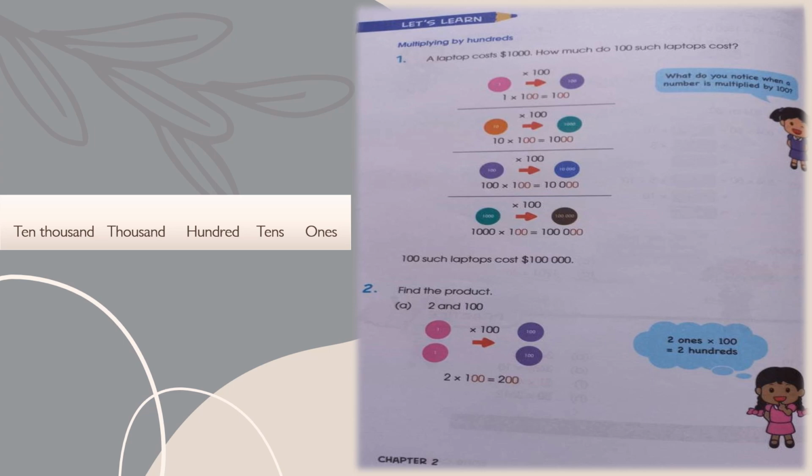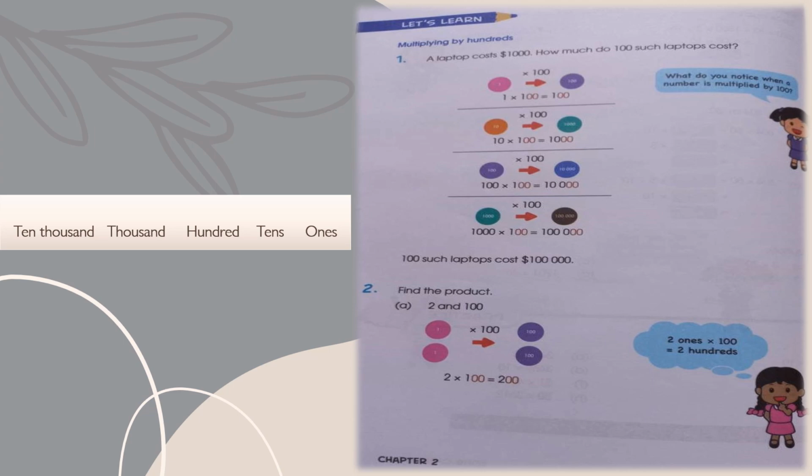$100,000. In question number 2, we have to find the product. In part A, we have to find the product of 2 and 100. 2 means that there are 2 ones according to our rule. So, there will be 2 discs of 1 which are going to multiply with 100.